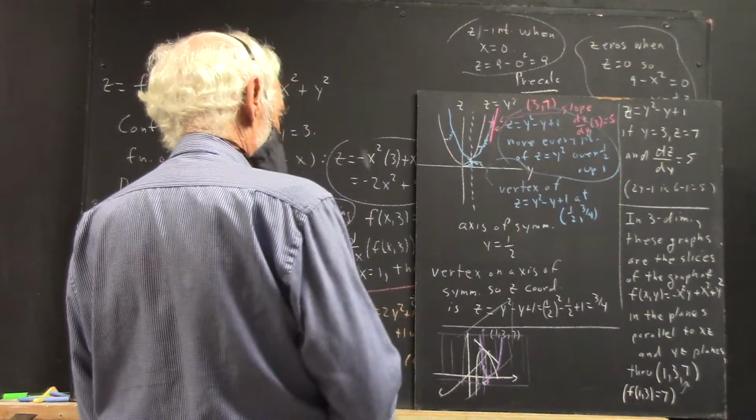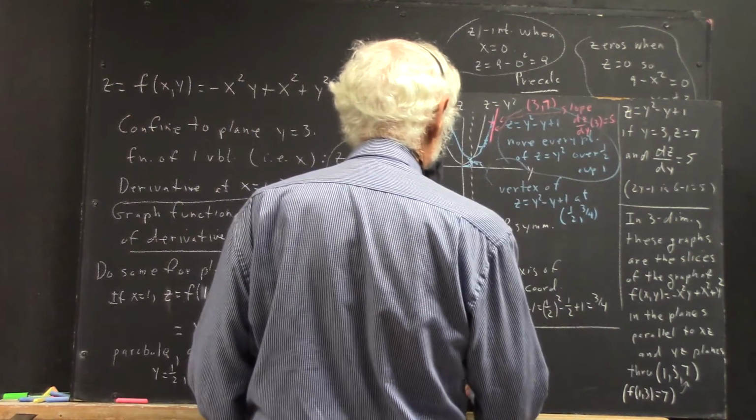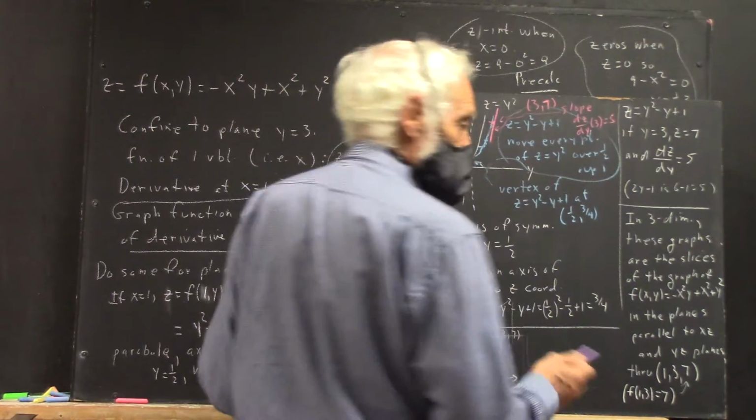Okay, the graph is getting locked up. But these two parabolas meet at the point (1, 3, 7).